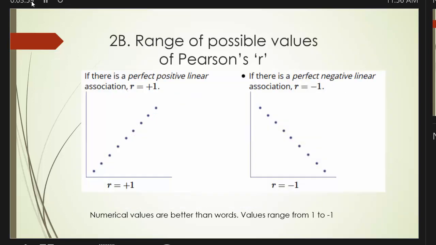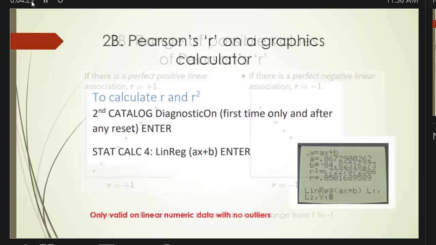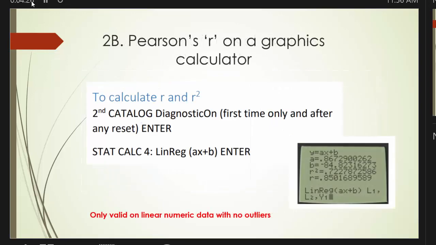If you actually had a Pearson value of R exactly 1, that would be data in a straight line. And the other one on the screen is -1. Now, how do we get them? I've actually told you already, and some of you would have had it on the screen without realizing, you have to have diagnostics on. I've said second function, catalog, diagnostic on.